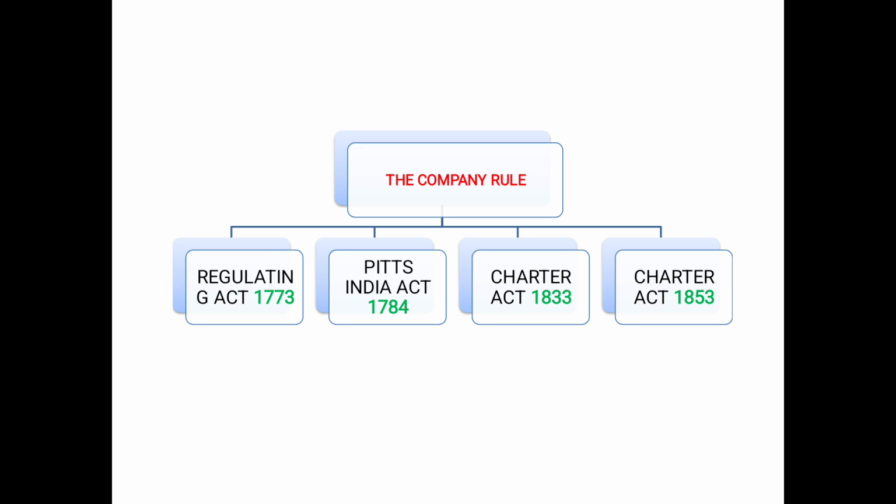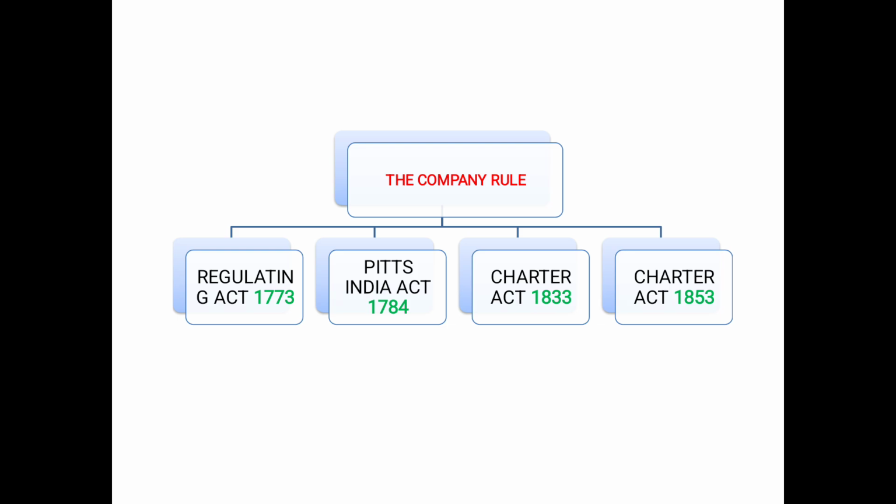This act is of great constitutional importance as it was the first step taken by the British government to control and regulate the affairs of the East India Company in India. It recognized for the first time the political and administrative functions of the company, and it laid the foundation of central administration in India. Let us see the features of the Act.